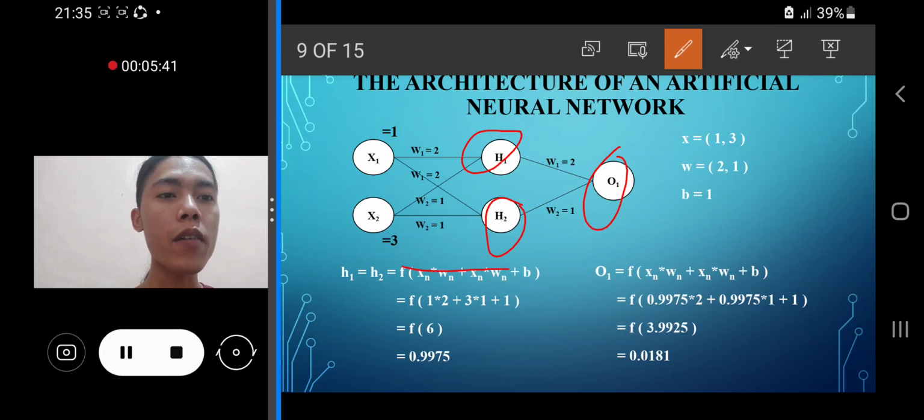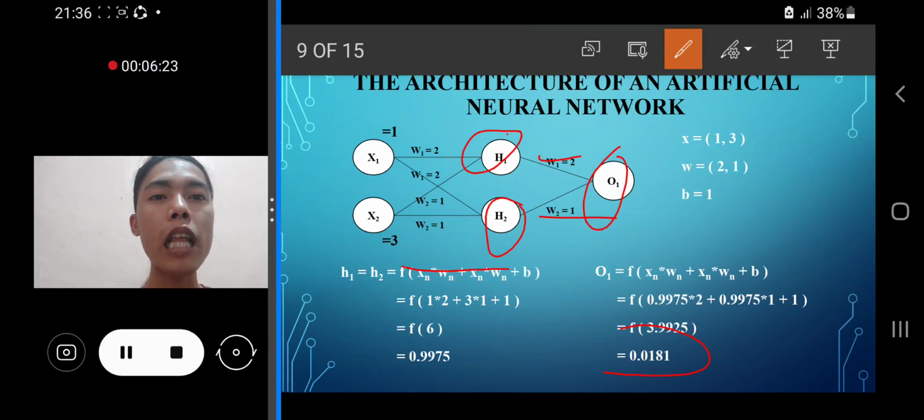And then the value of H1 and H2 is 0.9975. So, 0.9975 times the weight, which is equal to 2, so 0.9975 times 2 plus 0.9975 times 1. So, the result is the function of 3.9925. And the output is 0.0181.